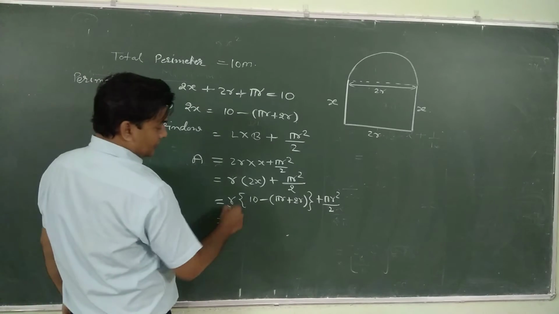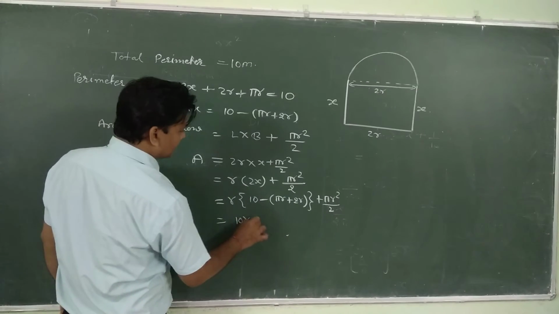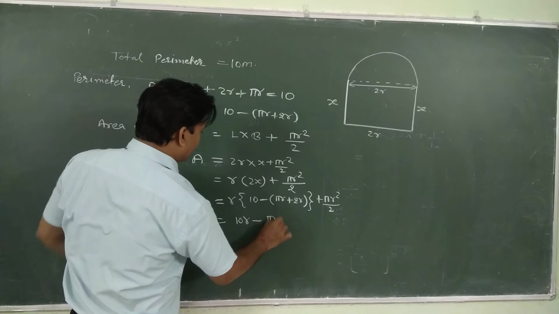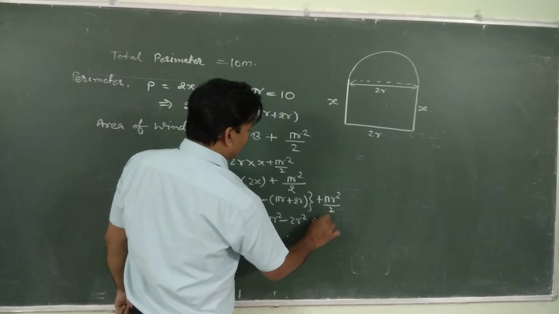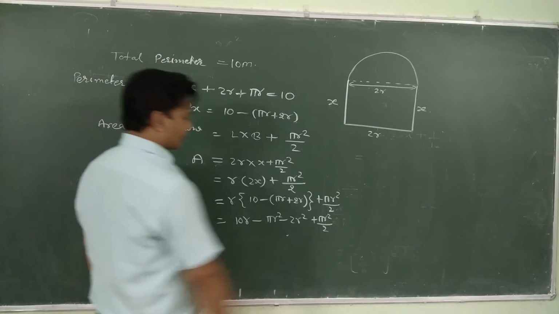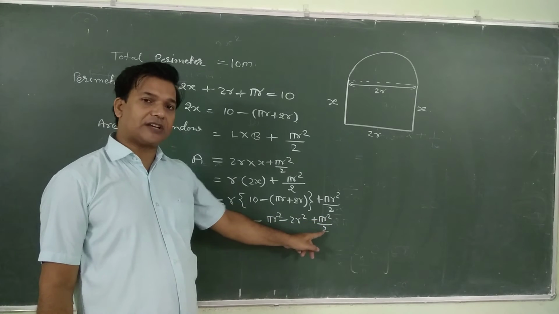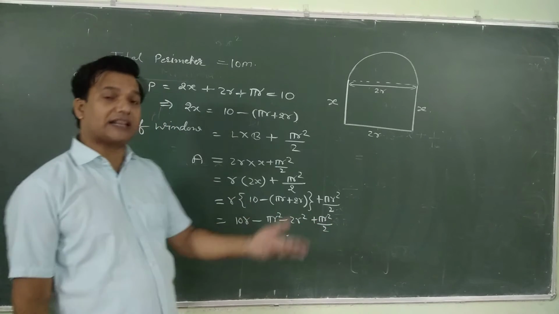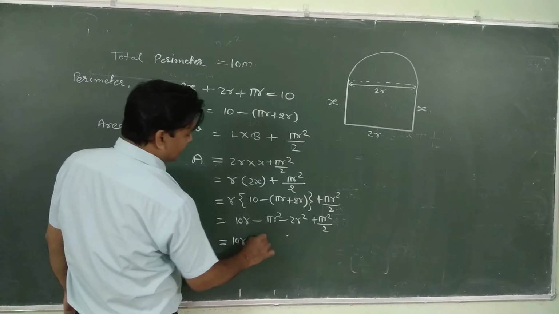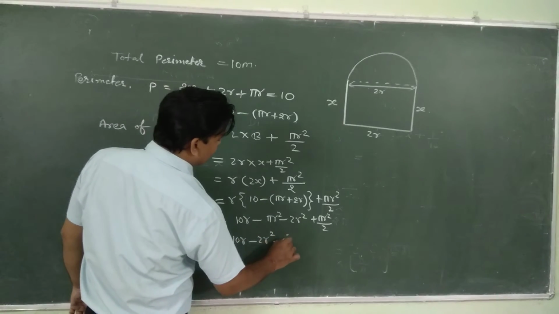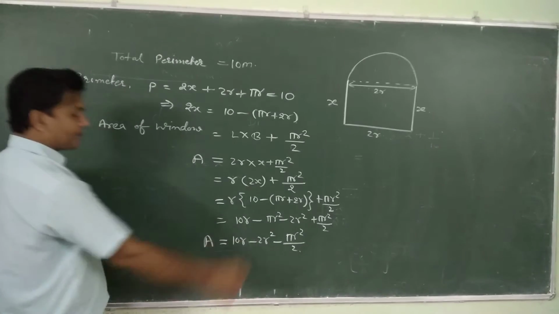Multiplying by r inside, we get 10r minus pi r squared minus 2r squared plus pi r squared by 2. Minus 1 plus half means minus half. So we have 10r minus 2r squared minus pi r squared by 2. This is our A.